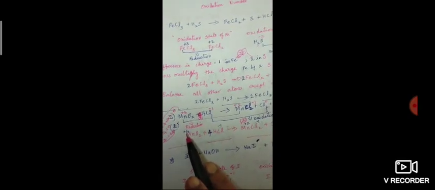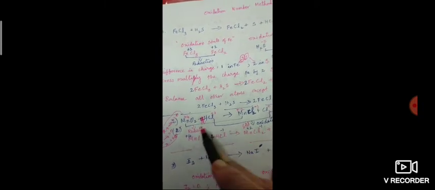So here the oxidation state is 0, here the oxidation state is -1. But here 2 chlorines are there, here 1 chlorine is there, so to balance that we are writing 2 chlorine. Now we have to check the difference in charge. What is the difference in charge for manganese here and manganese in MnCl2? That is 2. The difference in charge is 2.